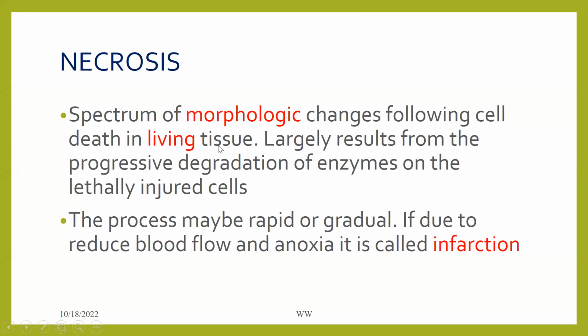We don't talk of necrotic tissue in a dead body. That is decomposed. But when you're talking necrosis, it must occur during life, where there's morphologic changes resulting in the death of the tissue, but the surrounding tissue is living. So it is death of cells during life and not after death.